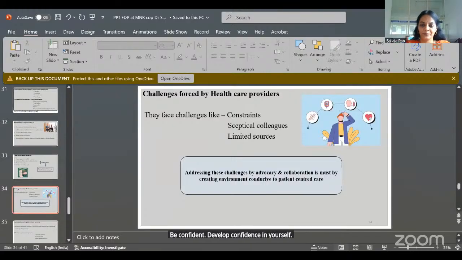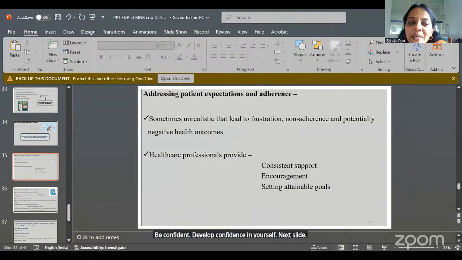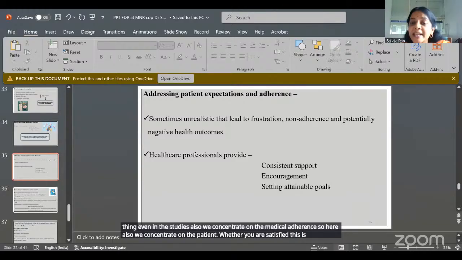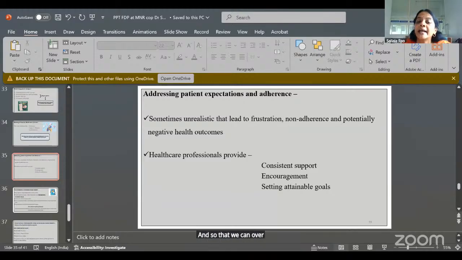Next slide. Addressing the patient expectations and adherence. This is the most important thing. Even in the studies, we concentrate on the medical adherence. So here also, we concentrate on the patient adherence, whether you are satisfied. This is the main thing we need in every step, whatever we take up, so that we can overcome the negative health outcomes.